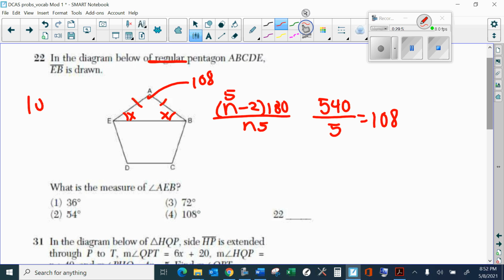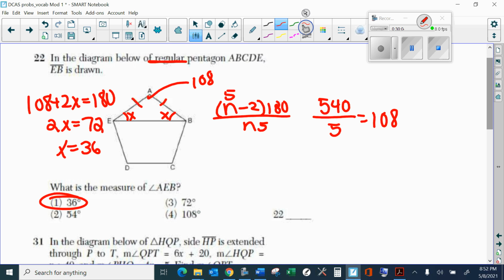So then we have 108 plus 2x equals 180. 2x therefore equals 72. x equals 36. Okay, so you've got to remember your rule for the sum of the interior angles of a regular polygon, and then you're dividing by that same number to figure out each angle. That means each of these is 108 all the way around. The whole thing here is 108.